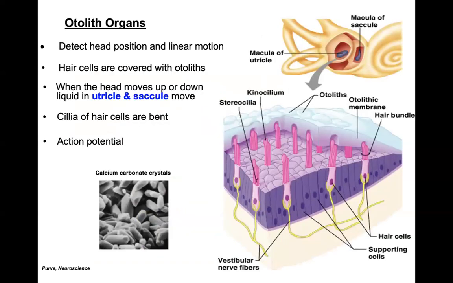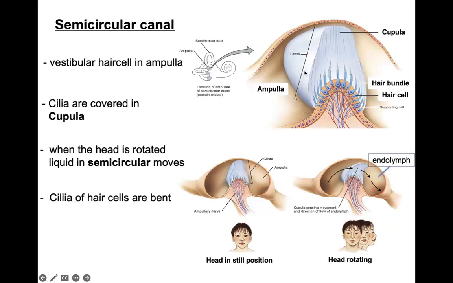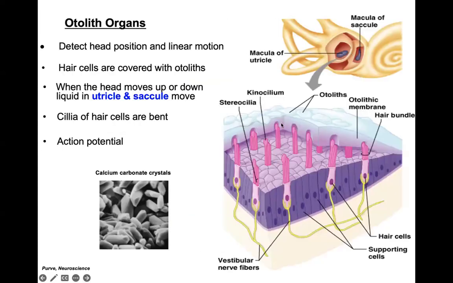The reason why it's called an otolith organ is because, instead of the cupula, right? In this area, this is the otolith organs deep inside, right? Instead of the cupula right here in the semicircular canal, in this case it is a membrane, okay?